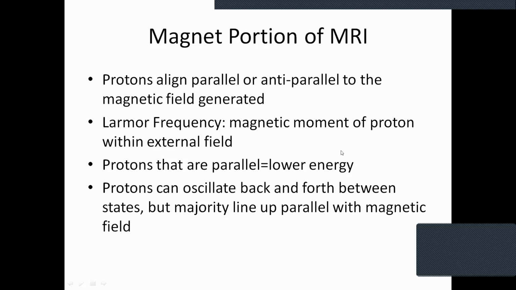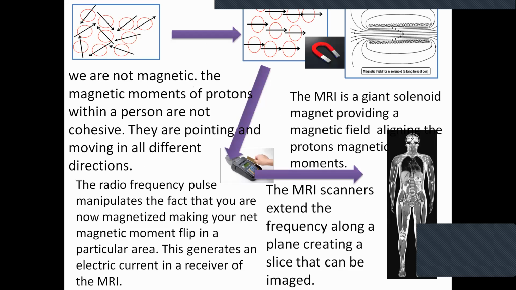Protons are aligned parallel or anti-parallel to the magnetic field. The protons in the parallel direction have lower energy. Similarly, in this MRI technique, various techniques are available. ECG-gated spin echo produces static images with high signal to noise ratio for evaluating anatomic problems.